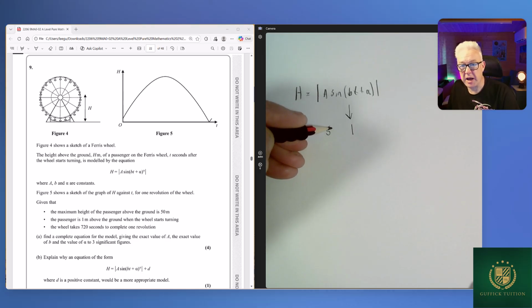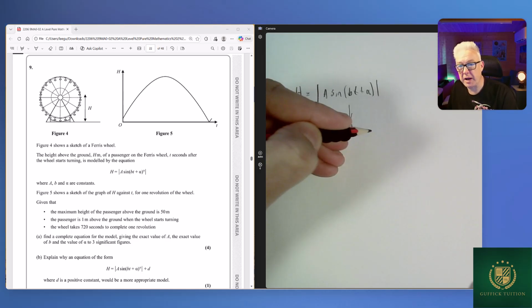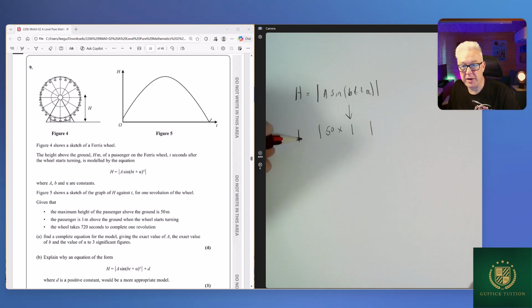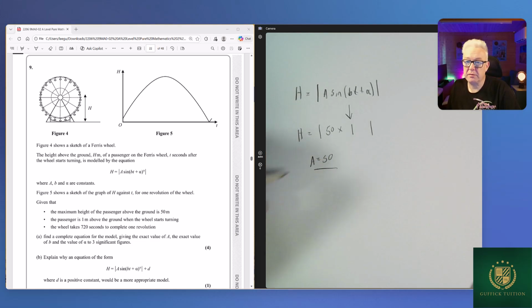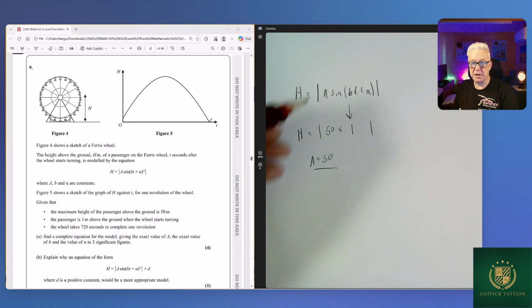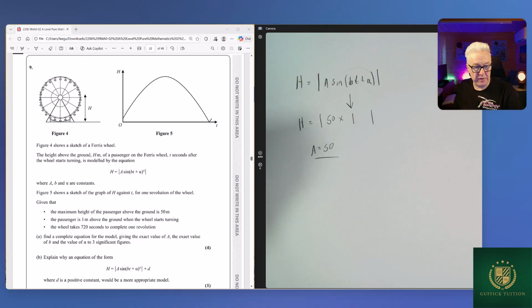So we're going to have 50 times 1 at that point. So the implication of that first piece of information is that A must equal 50, because the maximum height is going to occur when sine is 1. So that's pretty straightforward. We found that first piece of information without too much fuss.